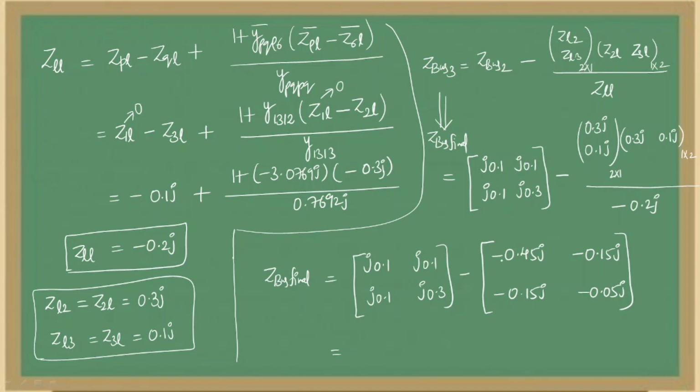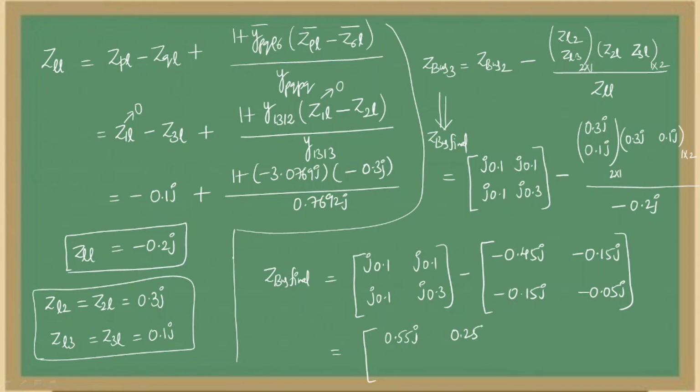You will get 0.1 plus 0.45. So the first element of the final Z bus matrix is 0.55J. Next element is 0.1J plus 0.15J.